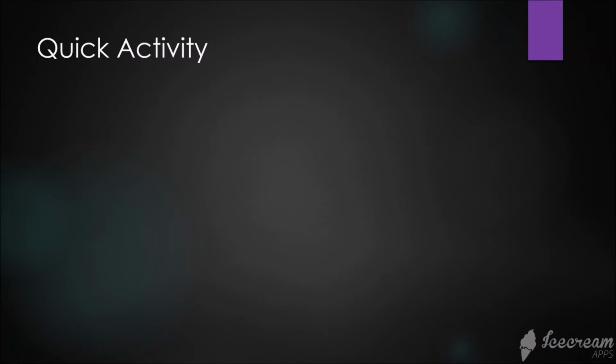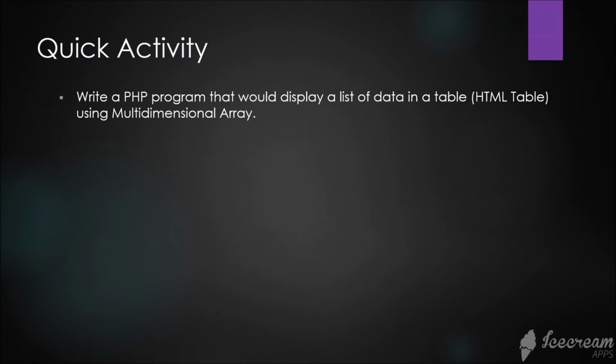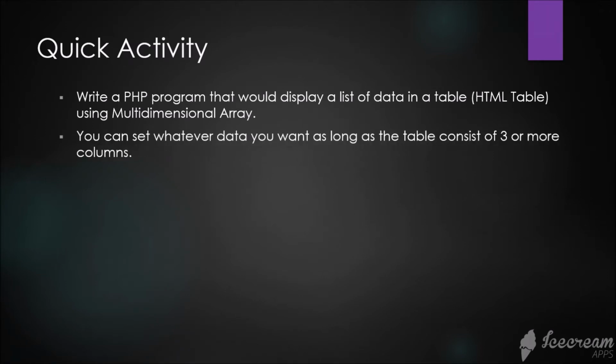Okay, so quick activity muna tayo, guys. Write a PHP program that would display a list of data in a table using an HTML table, of course, using a multidimensional array. You can set whatever data you want as long as the table consists of 3 or more columns.